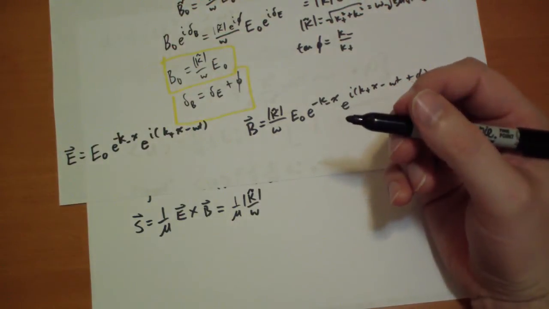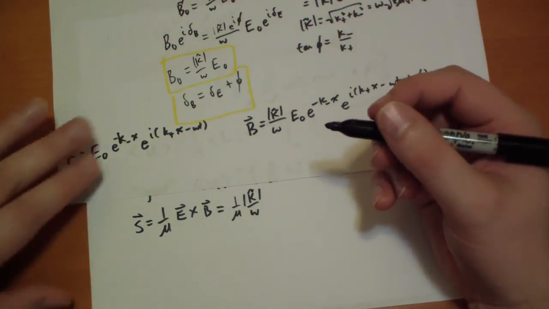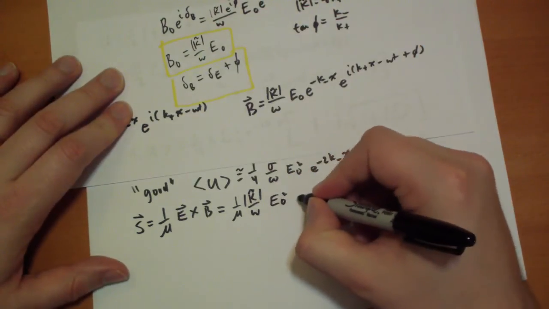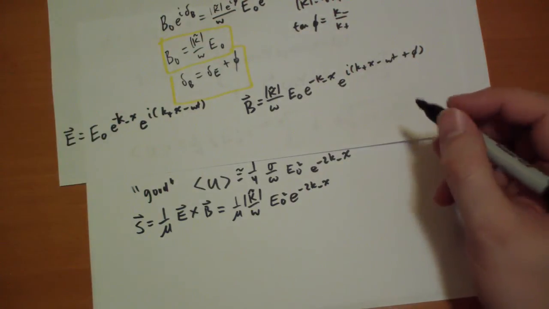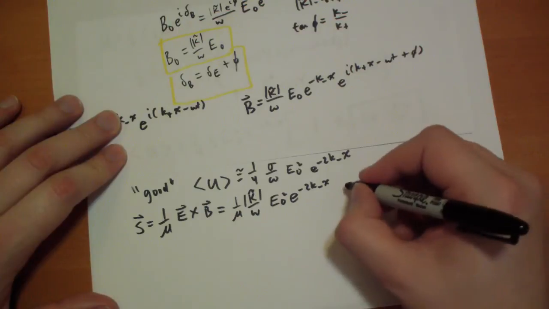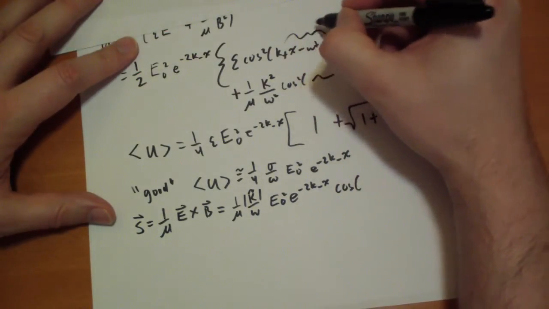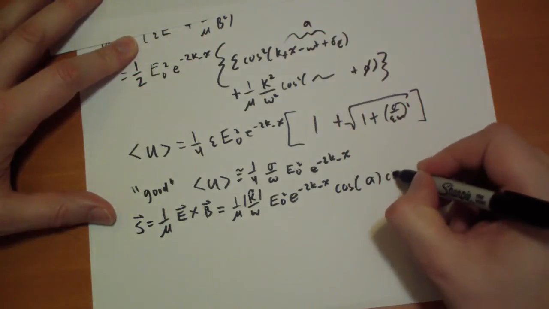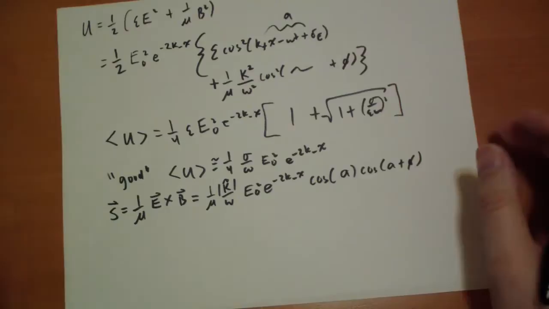And we're going to have 2 of the E₀'s. We're going to have 2 of those, e^(-2κ₋x). And then we're going to have cosine of this bit, I'm going to call this A, times cosine of A plus φ. That's the S vector.